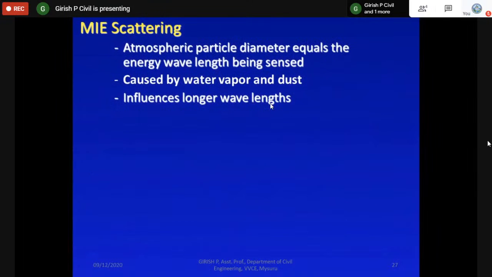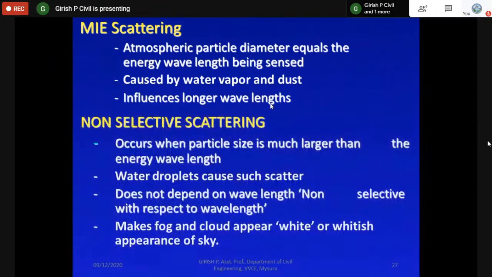Coming to Mie scattering: in Mie scattering, the atmospheric particle diameter equals the energy wavelength being sensed. So Mie scattering depends upon the diameter of the atmospheric particles relative to the wavelength being sensed.